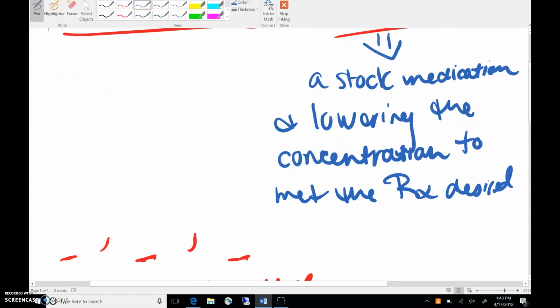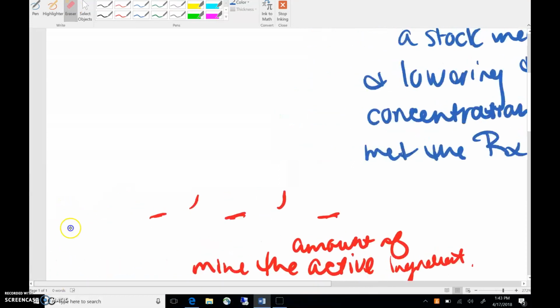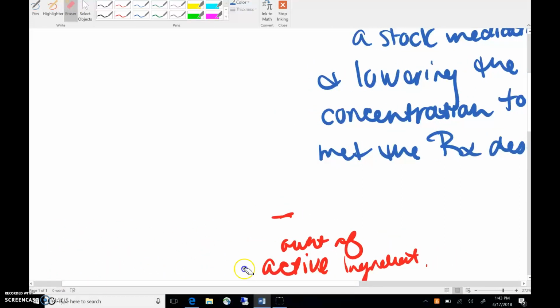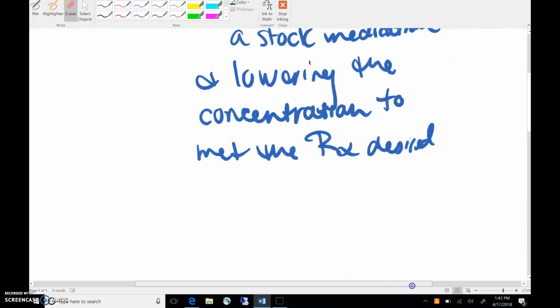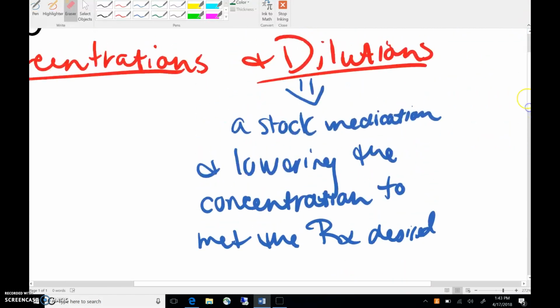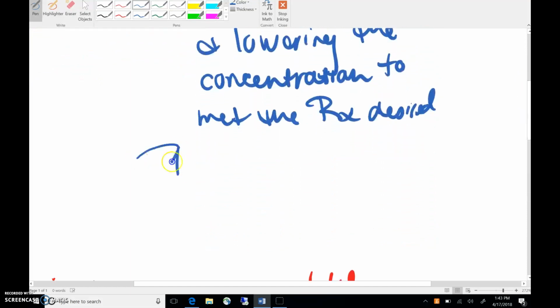So what am I saying? A doctor writes a prescription for a medication strength that does not exist. For instance, they give you a prescription for, I always use alcohol as an example, 75%.